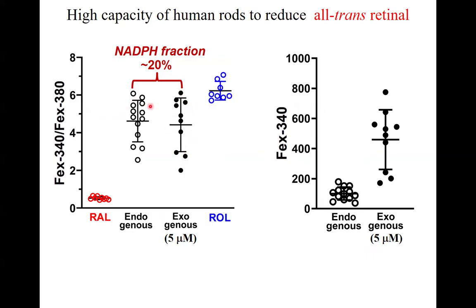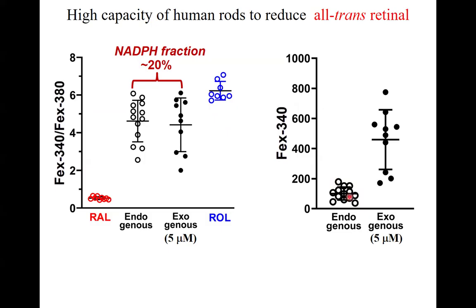And the NADPH fraction from this ratio is about 20%. So with exogenous retinal, we get the same 20% NADPH as we would get with endogenous retinal, as we get in the mouse. However, when you look at the amounts of retinol being generated, it's much higher with the exogenous. It's 3-4 times as high as with endogenous.